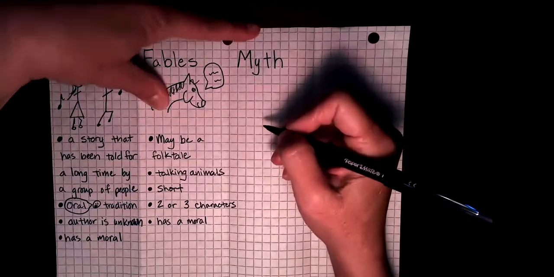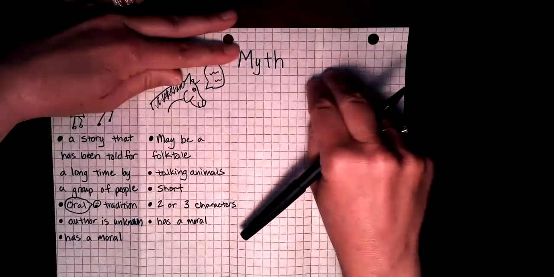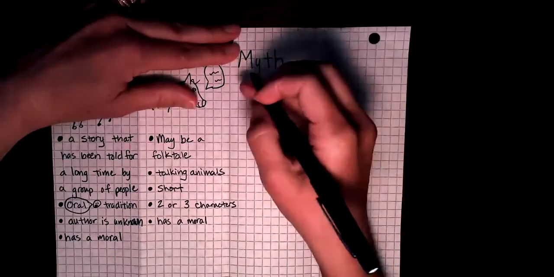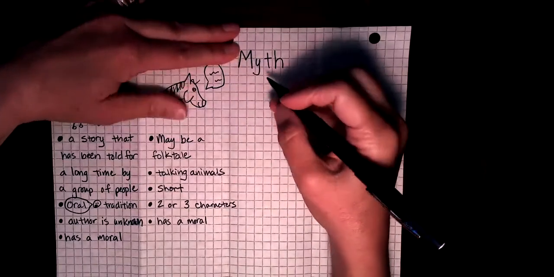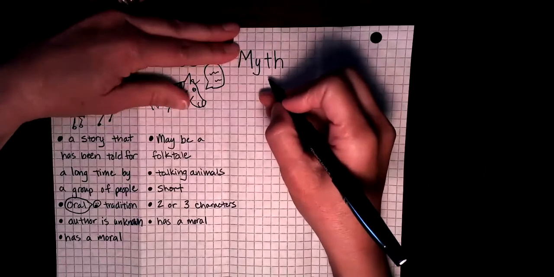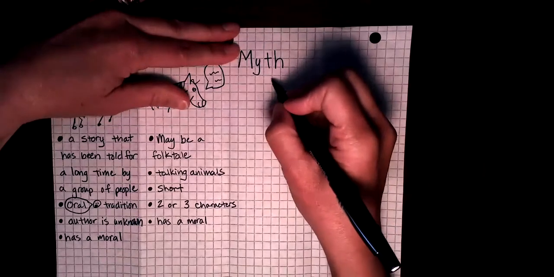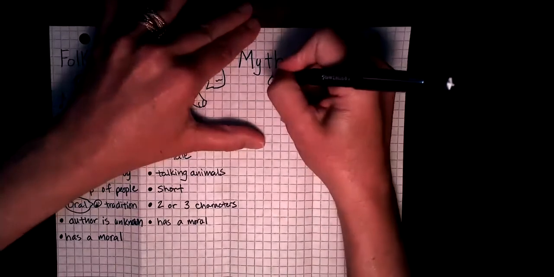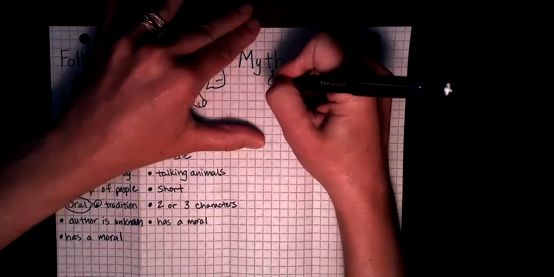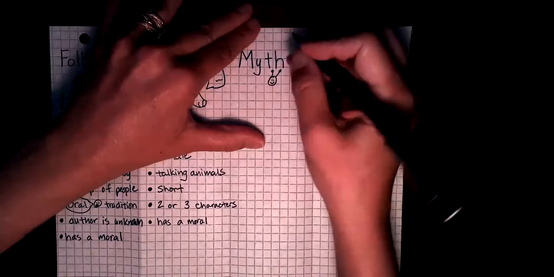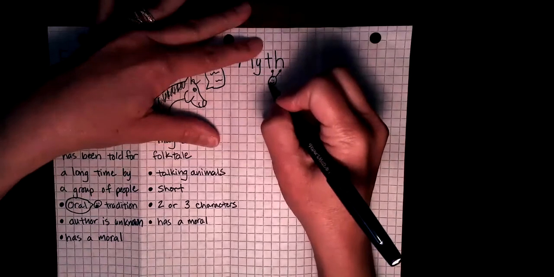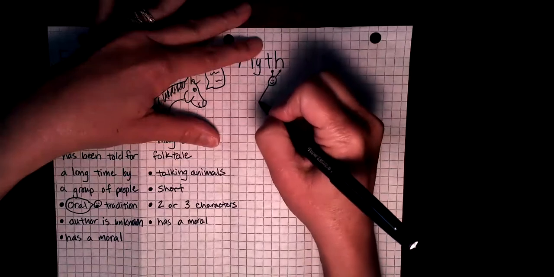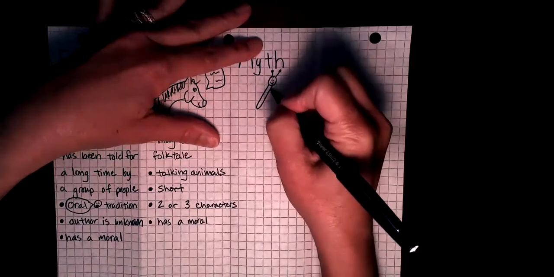Now, a myth is kind of fanciful. So I'm going to put like a butterfly with a face on it. Like a butterfly like this, and it has a face because it's a fanciful story.